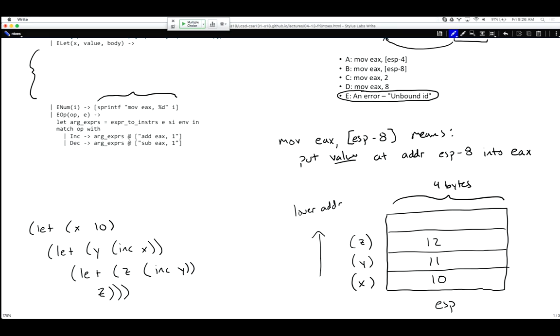Actually not sure how to get started. So one thing to think about is what's the type of the x and value embodied here? What are their types? x is a string, value is an expression, embodies an expression.